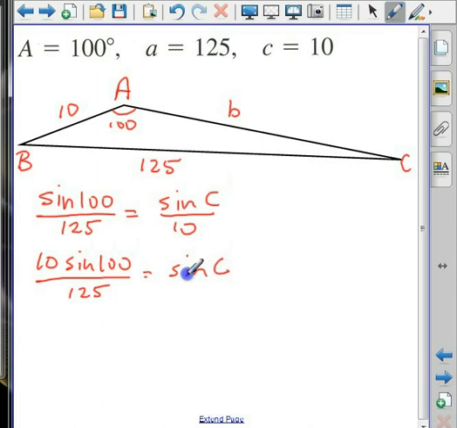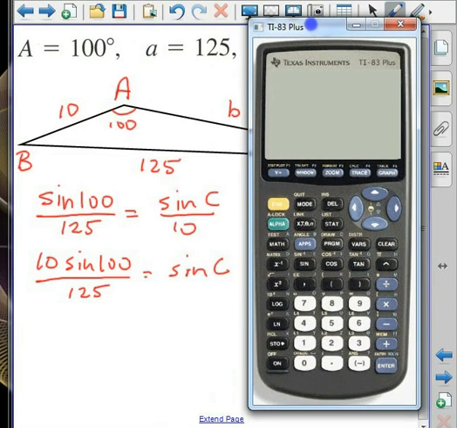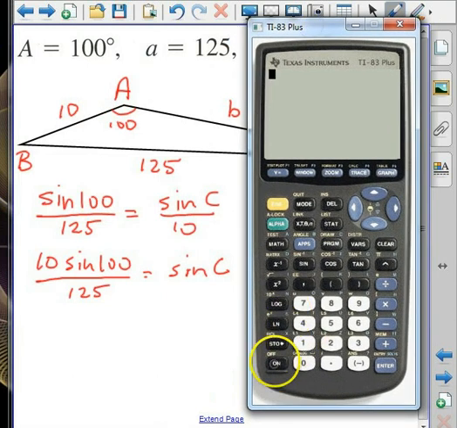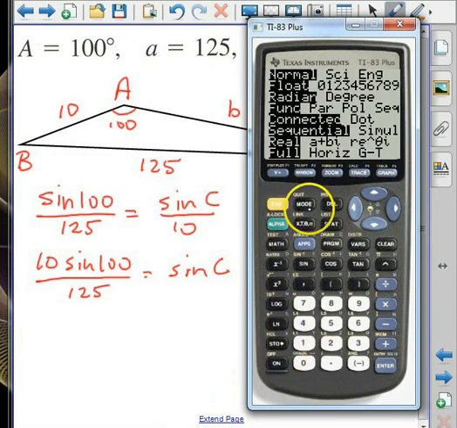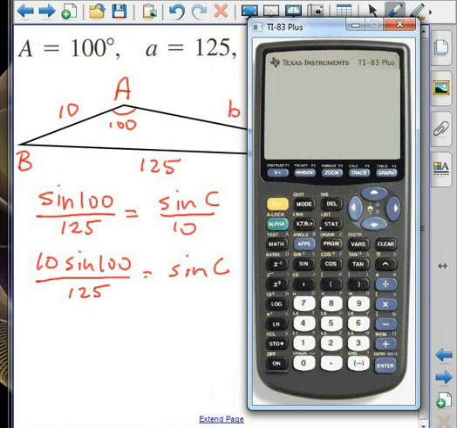Now remember, I'm looking for an angle, so I'm going to need to use inverse trig right here. So let's bring in our calculator, turn it on, and I want to make sure that I'm in degree mode. And now I am. And I just go 10 sine 100, close parentheses, divided by 125.